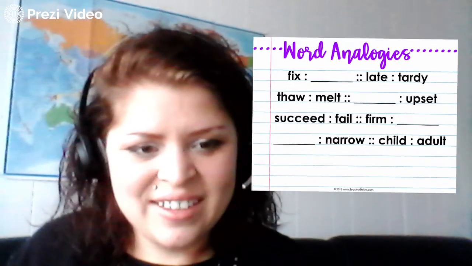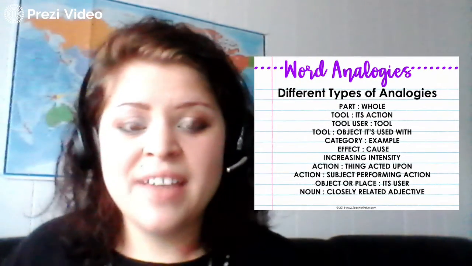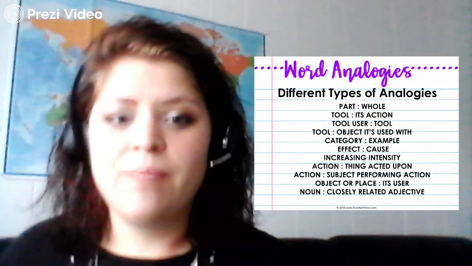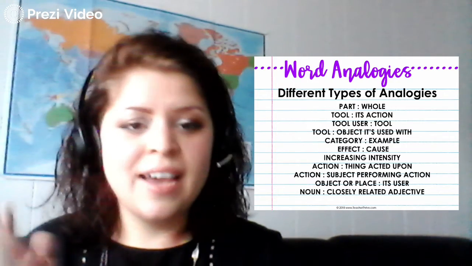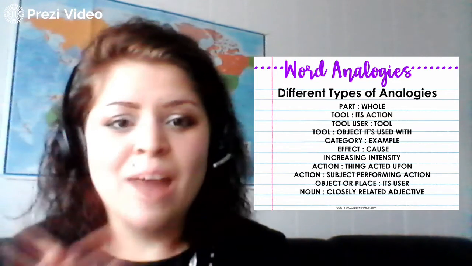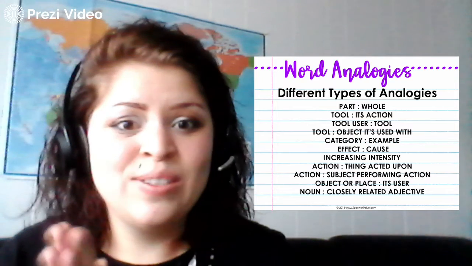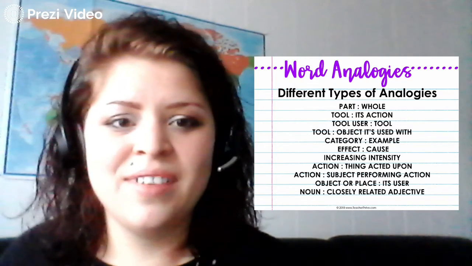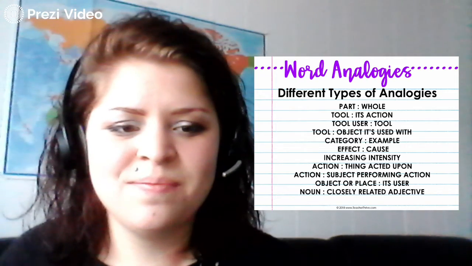Here we have different types of analogies, and we'll go into examples for each one: part to whole, tool and its action, tool user and the tool, the object it's used with, and so on. Let's get right into giving examples.